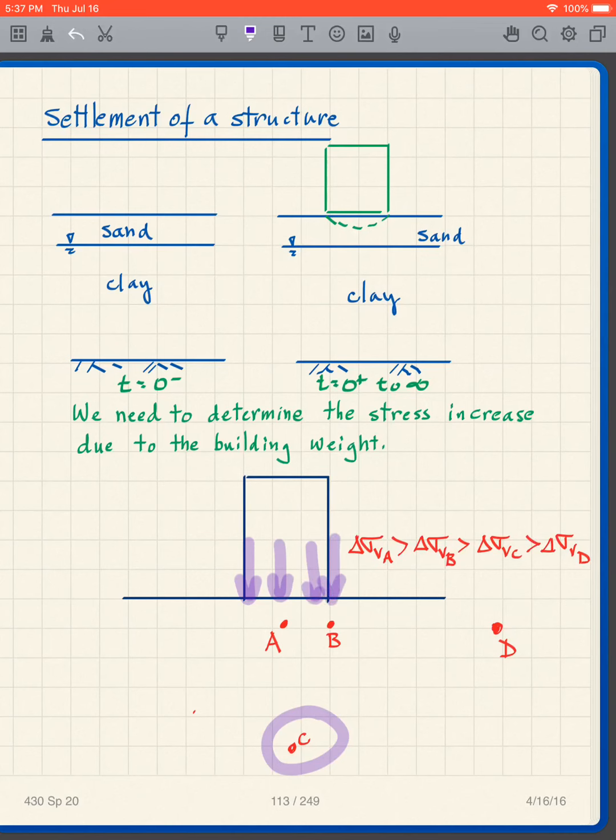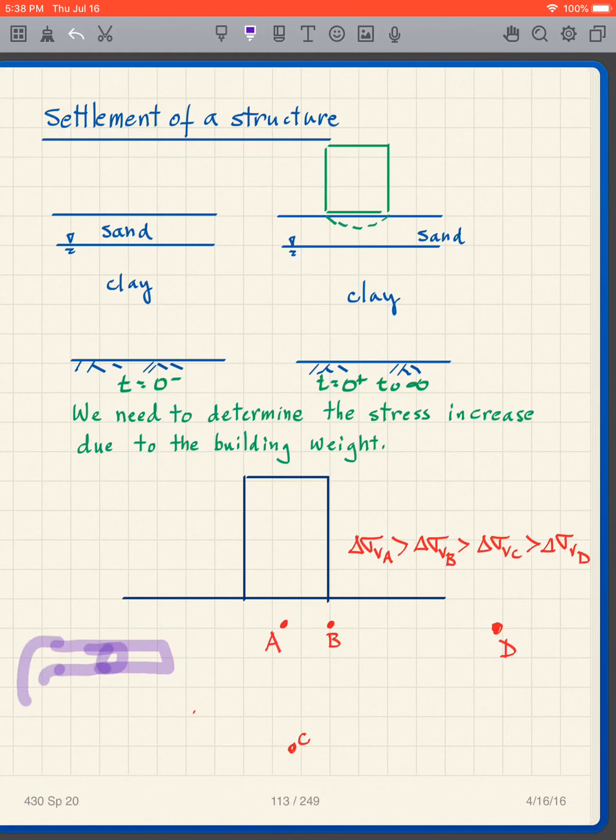Point C is deep in the ground. And here's a concept of why point C will not feel that stress very much, and that is that it's far away. So one thing that you can do is take your hand. Let's say this is your hand here. There's your hand.